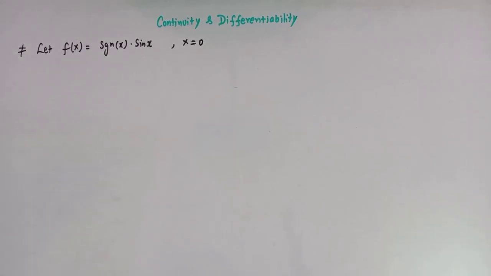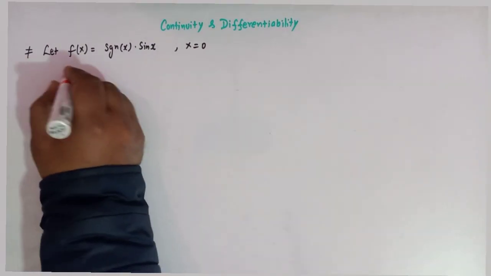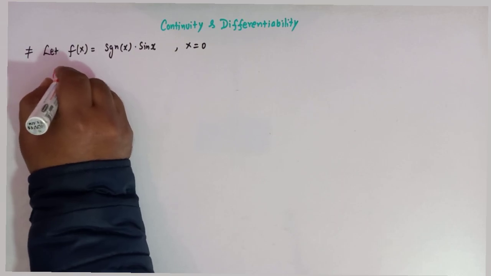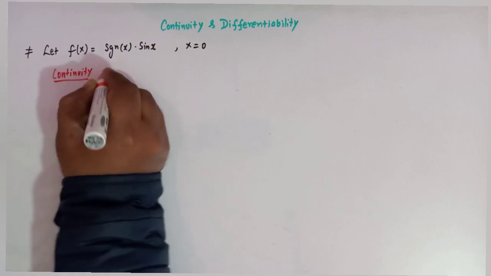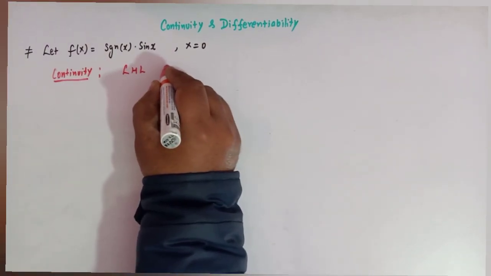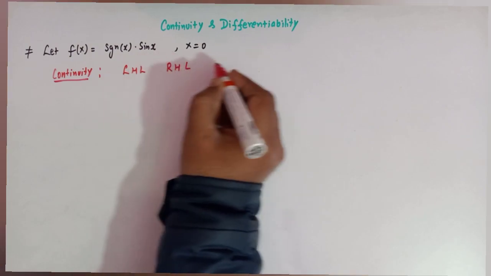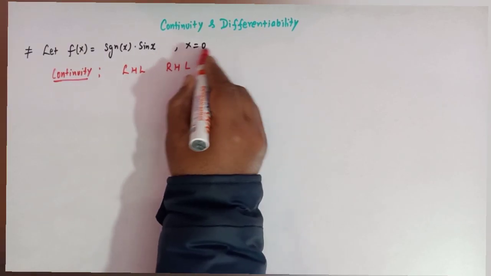So let us start. Now viewers, we know that for continuity of a function, we first find the left hand limit, then we find the right hand limit, and then we find the value of the function at the given point.